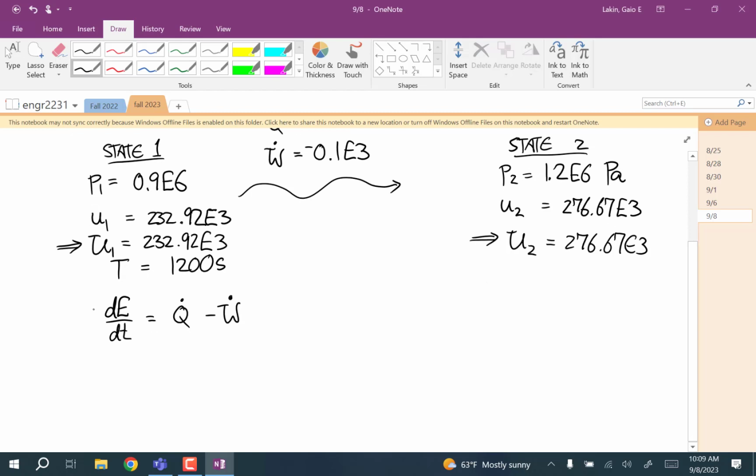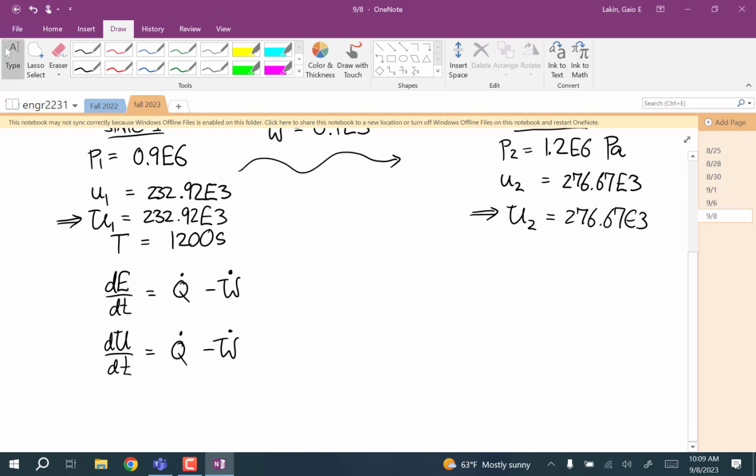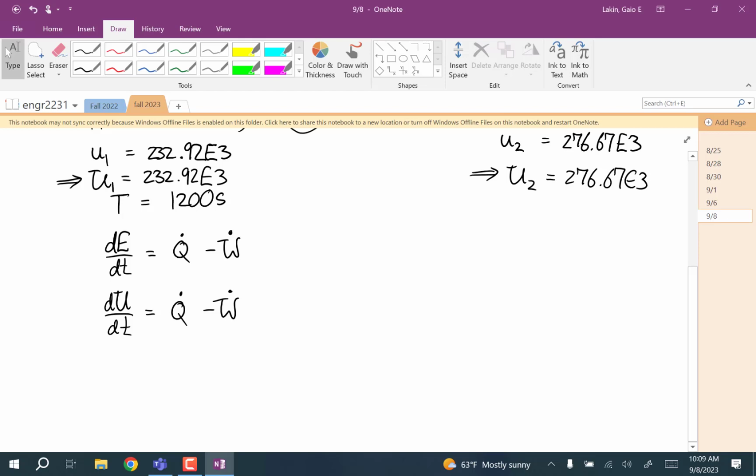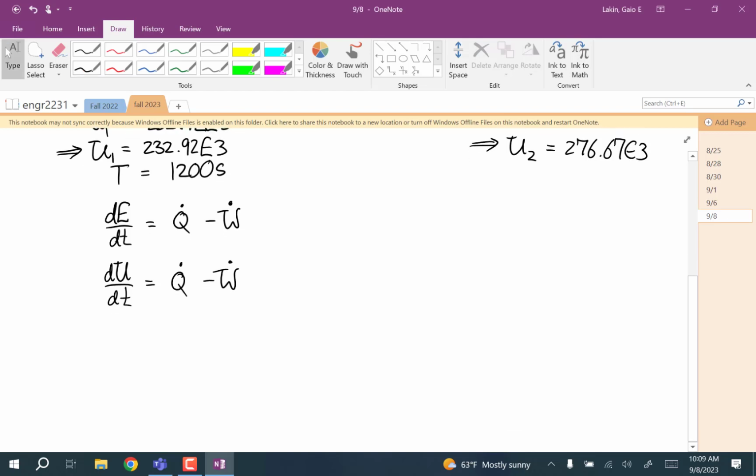It says don't worry about kinetic and potential, so du dt is equal to Q dot minus W dot. And since we're given a finite amount of time, we're going to solve this differential equation, integrate this.